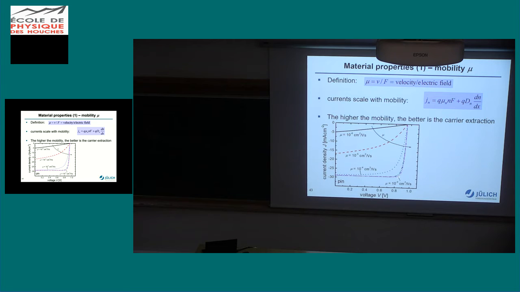And what you see is, okay, there is a mobility of 10 to the minus 2, and you can go to 10 to the minus 3 without doing a lot. So that's a threshold. So I think 10 to the minus 2 or 10 to the minus 3 is okay. So nothing happens. So it's all the same. And there's no use to get to higher mobilities. In that case, you would not change anything.